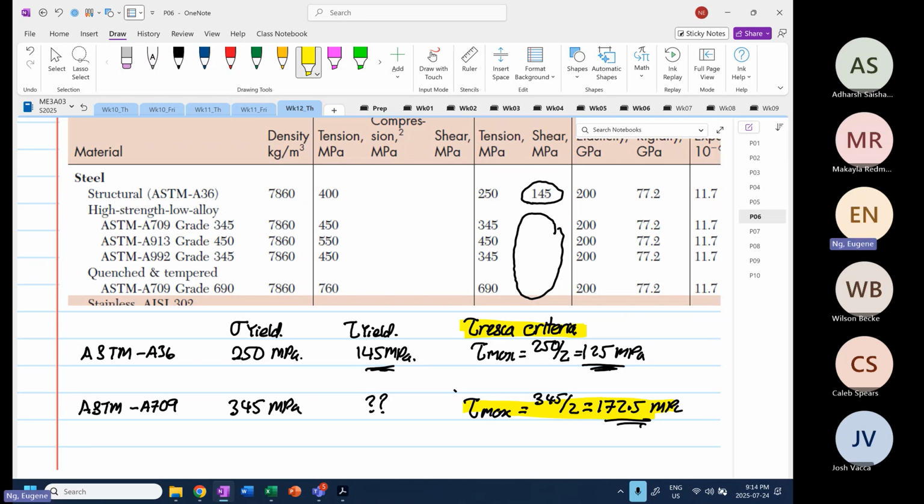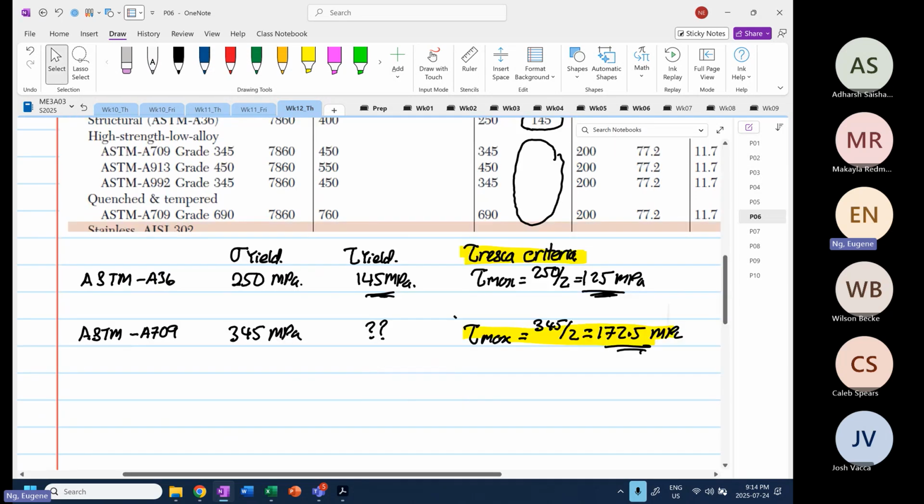Next, we're going to look at this root formula, and we are going to look at the 3D Mohr circle.